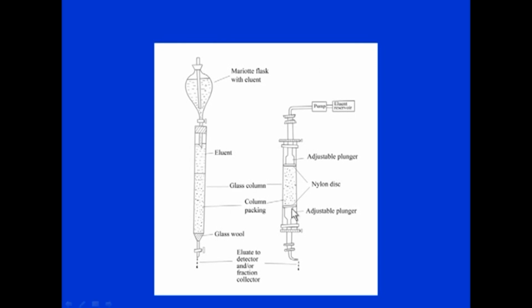There are two plungers here, and nylon discs or nylon filters are attached to them. The stationary phase is supported here. As the mobile phase passes, it comes out here and goes to the detector, and finally it could be collected in a fraction collector. So, that is a very simple arrangement, and we will discuss each of these things individually.